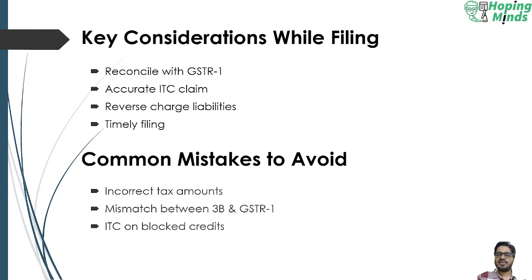Generally, GSTR-3B should not be modified, as the values in GSTR-3B get auto-populated from the GSTR-1 return. So, there should not be any mismatch between GSTR-3B and GSTR-1. Then ITC on blocked credits should not be availed, and if availed inadvertently, then it must be reversed in the next reporting period.